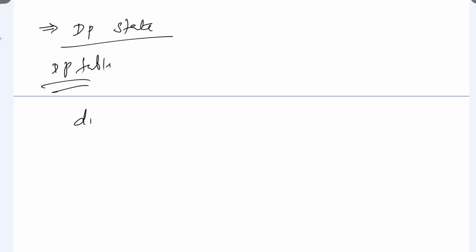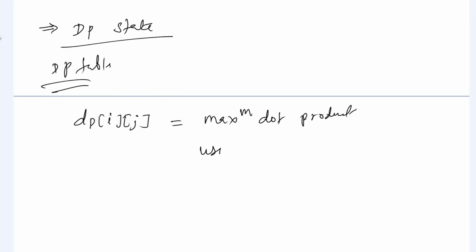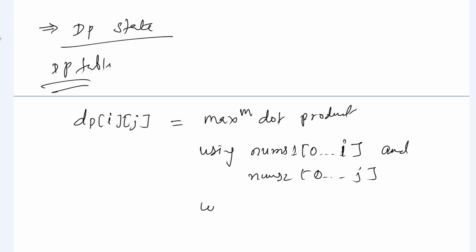If there is a DP with I and J, it means there should be a maximum dot product using nums1 from 0 to I and nums2 from 0 to j, using at least one pair that we have chosen.